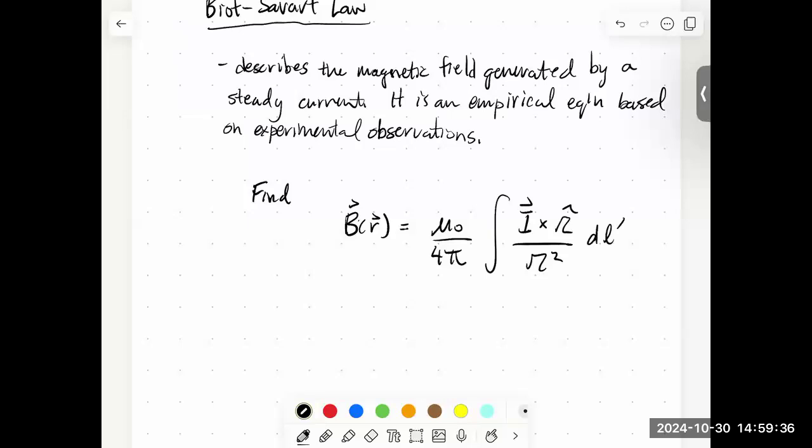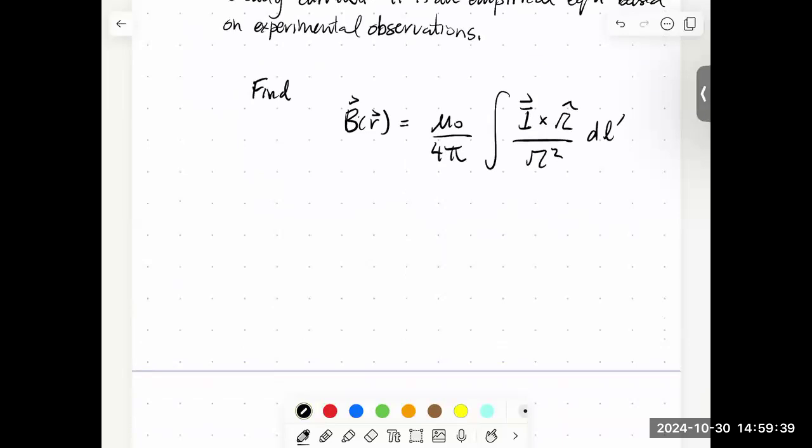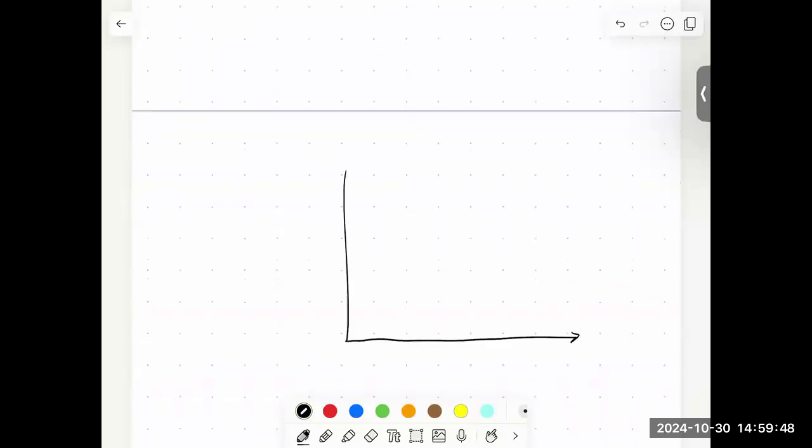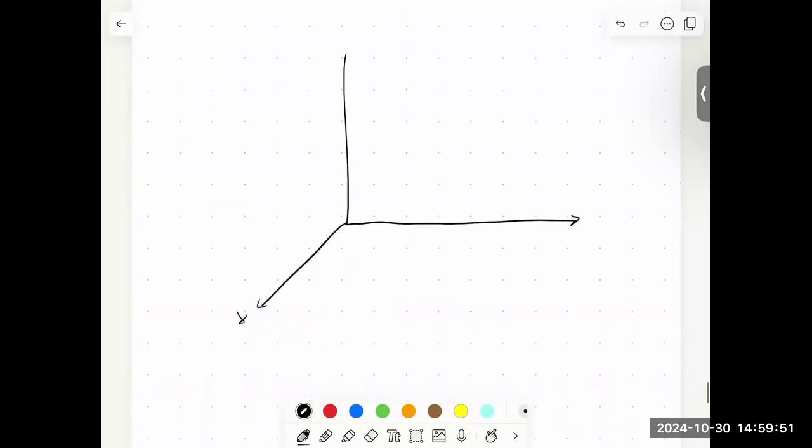So let me draw a picture so I can label some of these things. I think what we'll do is draw a coordinate system over here. So let's say X, Y, Z. So here's our origin. I'm going to draw a little section of wire that lives in this space.